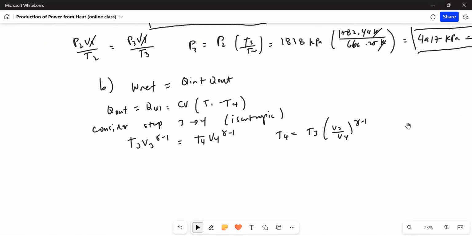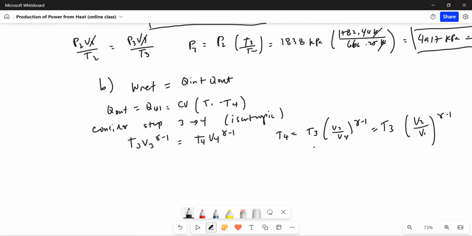So we can simply substitute T4 equal to T3 times V2 over V1, because V3 equal to V2 and V4 equal to V1, raised to gamma minus 1, and we know V2 over V1.